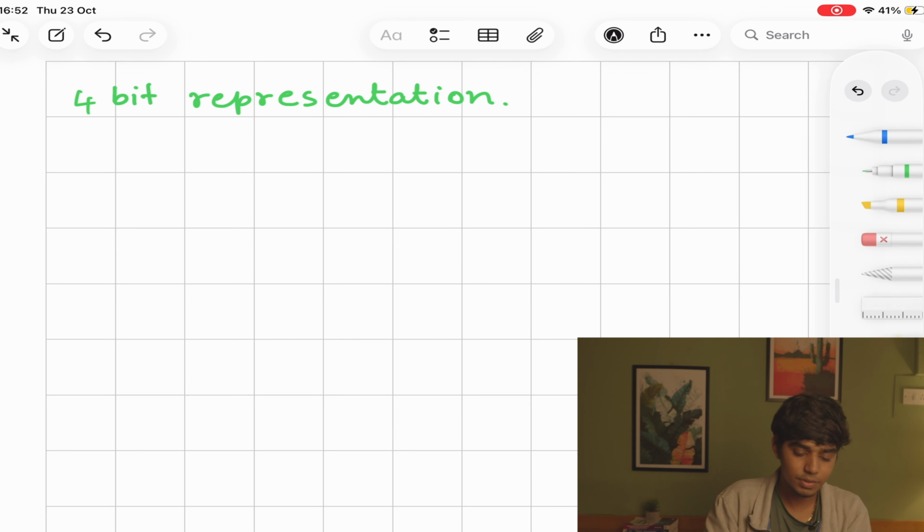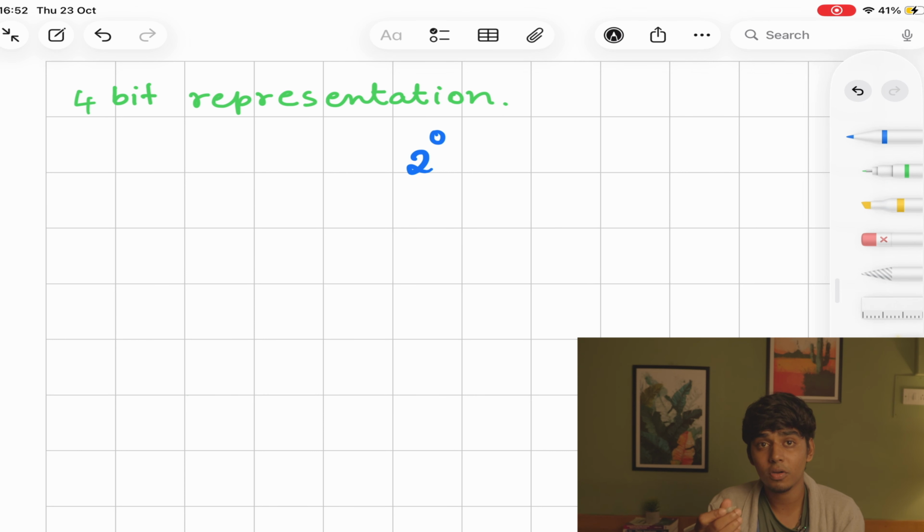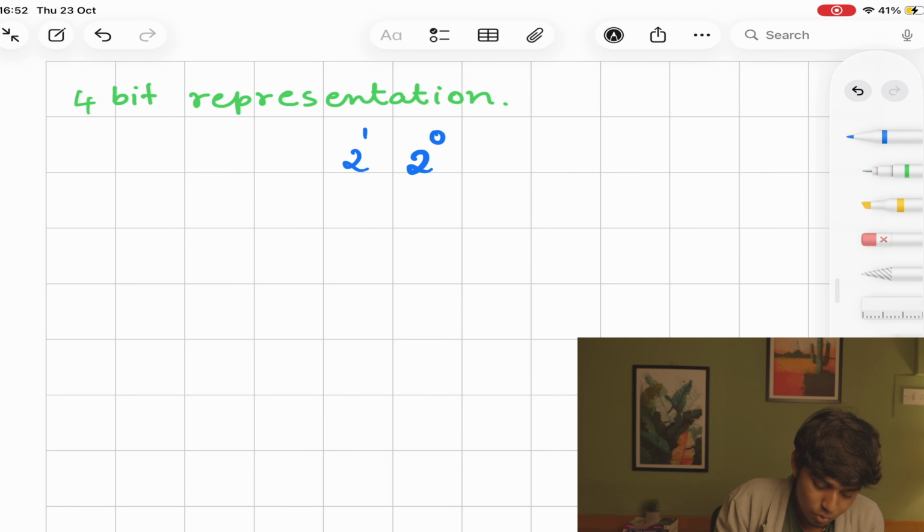Now I will show you how to represent numbers in binary representation. Here we'll start with 2 to the power 0, because initially a switch by default should be of any one number, so it'll be on or off. Then we have 2 to the power 1, 2 to the power 2, and 2 to the power 3.